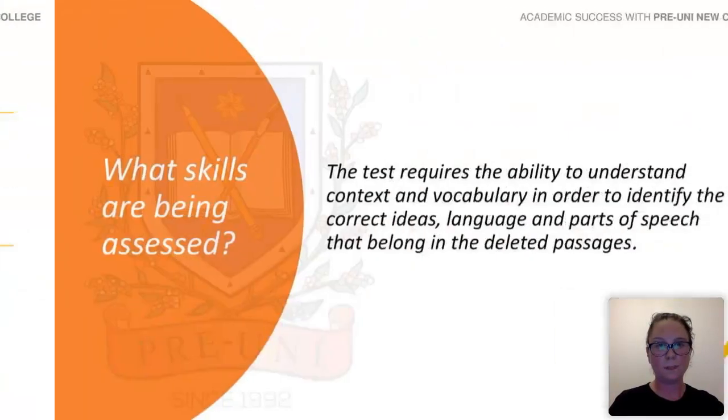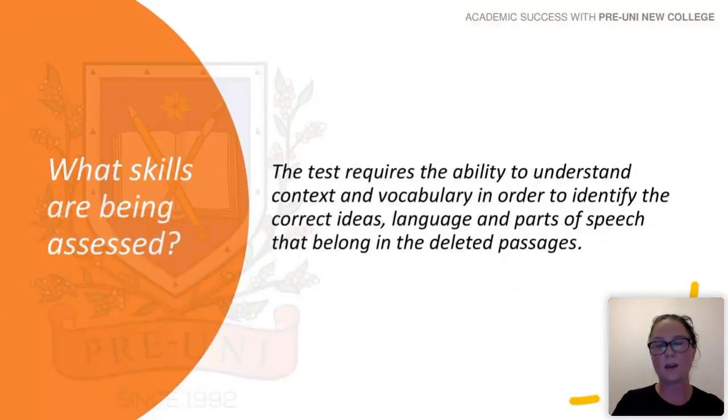So, what skills are being assessed? Really, in the gap text, students are being asked to look at the context. So they have paragraphs. I'll show you an example in a minute, but there's paragraphs and paragraphs of information, and then select sentences or phrases have been taken out. The students need to understand where that sentence belongs in context.